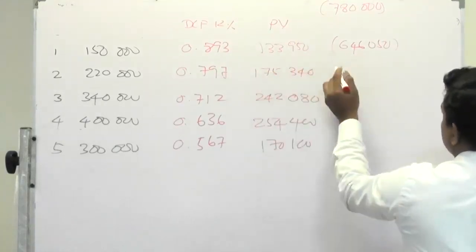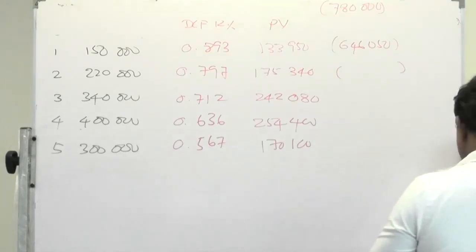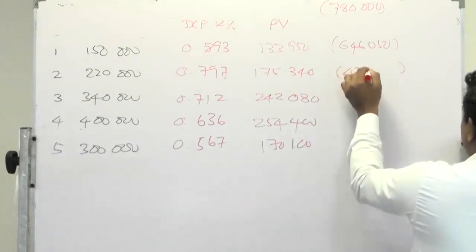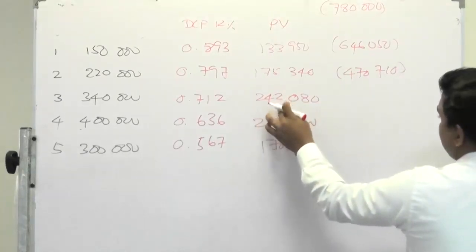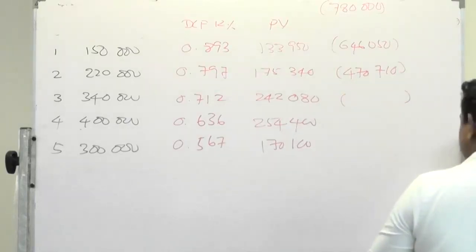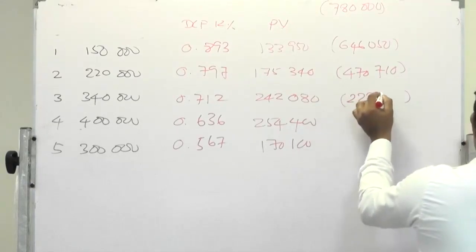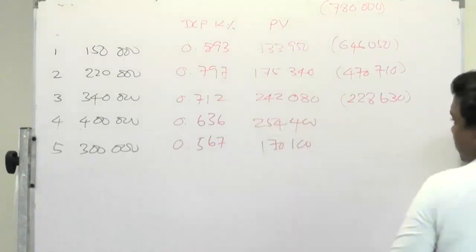Deduct this much from here and see the remaining balance to be recovered. 175,340 will be reduced. Then you need to recover a further 470,710. Then third year you will recover 240,080 from this. Then see the remaining balance. Then at the end of the third year you need to recover a further 228,630. Then fourth year you will recover 254,400, right?